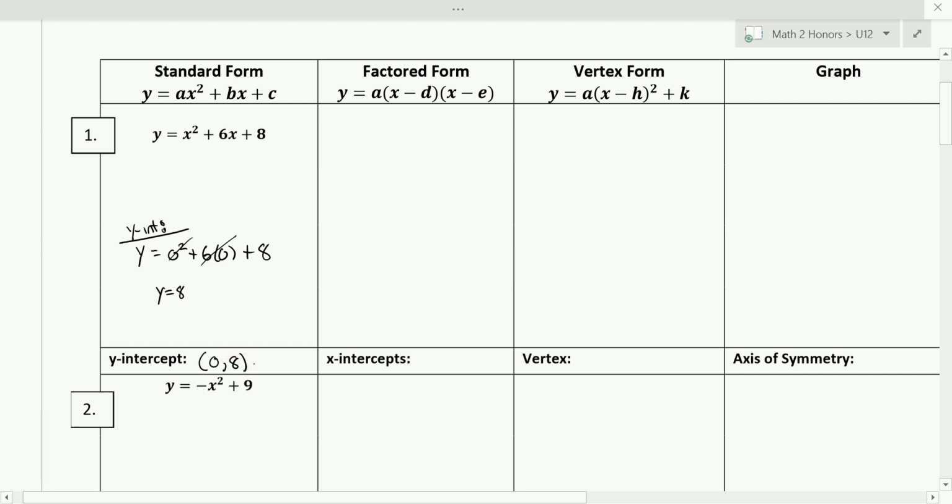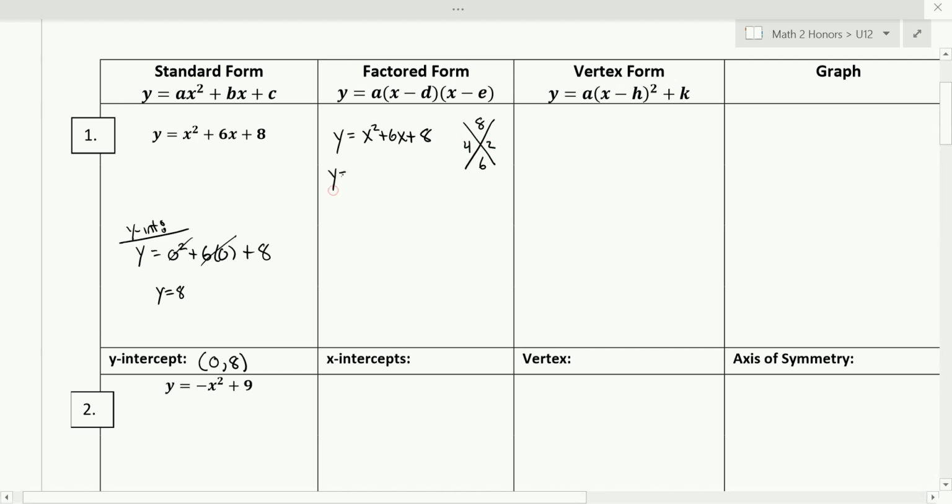So that's one thing. If you have standard form, it's easy to go to factored form. You just need to factor. So I'm going to rewrite my standard form here and try to factor it. We're looking for two numbers that multiply to 8 and add to 6. What are they? 4 and 2.